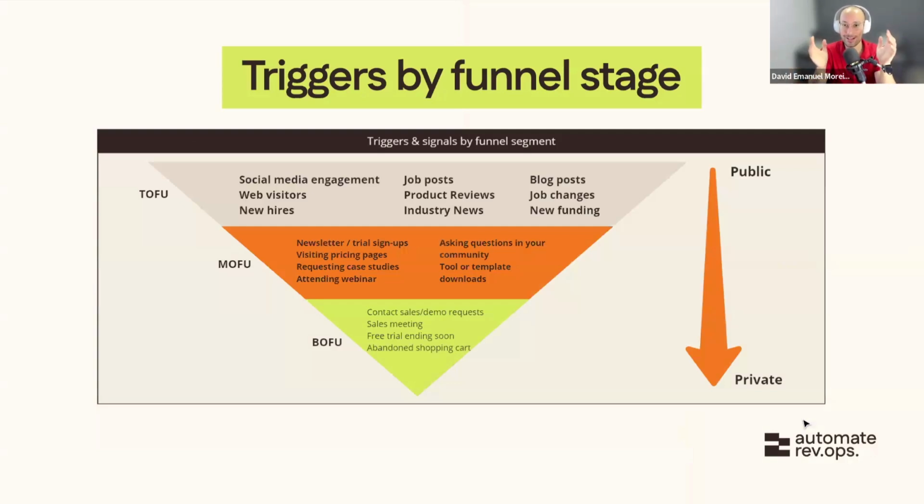In order to categorize these signals and triggers, as you can see on this funnel drawing, for the top of the funnel you can use different triggers and signals than for the bottom of the funnel. I strongly suggest you assess your company and try to understand what your main problem is.